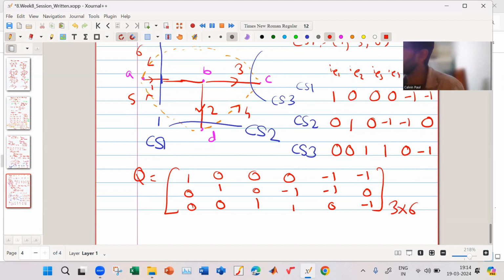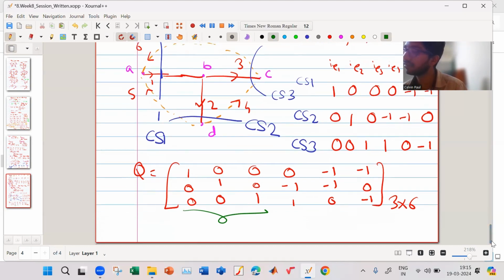Okay. So what can you observe if you just see the first 3 columns? It is an identity matrix, right? Any doubt in this? No, sir.